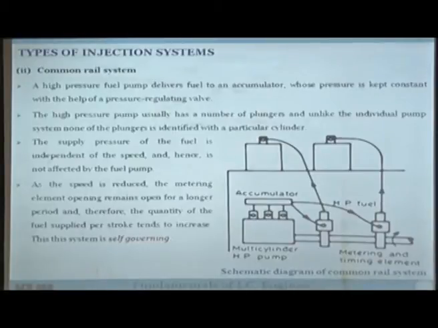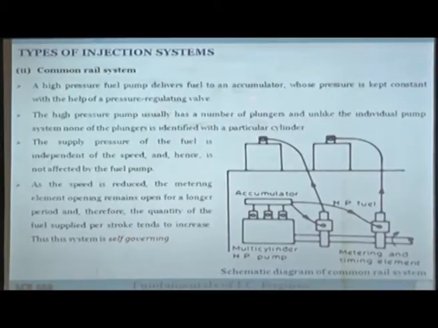Now it boils down to opening and closing, and you can do that reasonably well, reasonably equally in all cylinders. That means you can ensure that each of the cylinders is getting the same quantity of fuel, and that will increase the comfort in the ride, or the engine vibrations will be significantly lower. That is one of the major advantages of this particular technology.